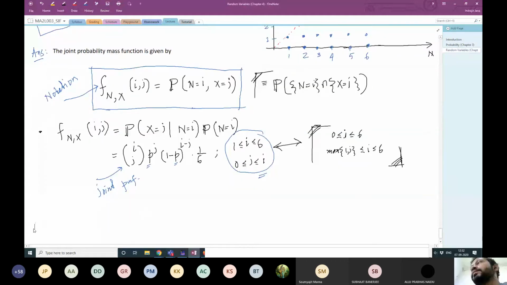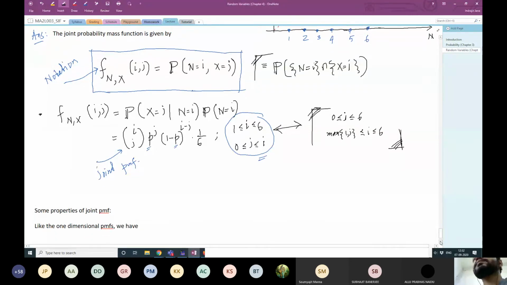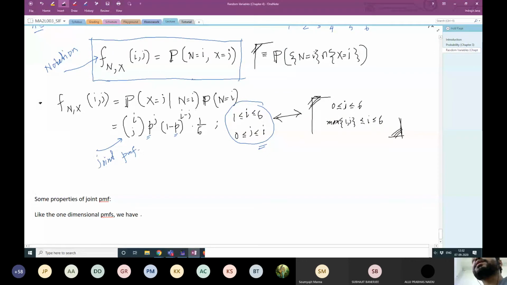Let me note down some properties. Here we also have, if you have a joint probability mass function, then you have a double summation.